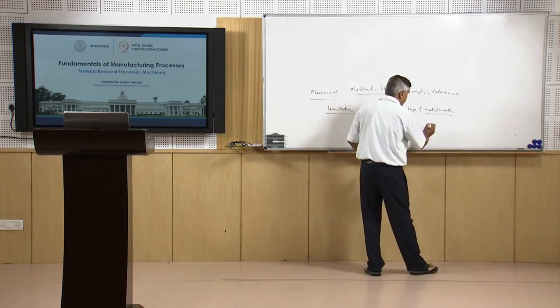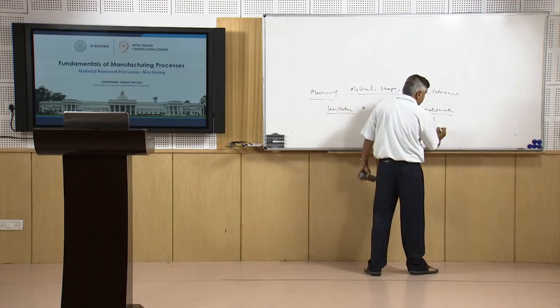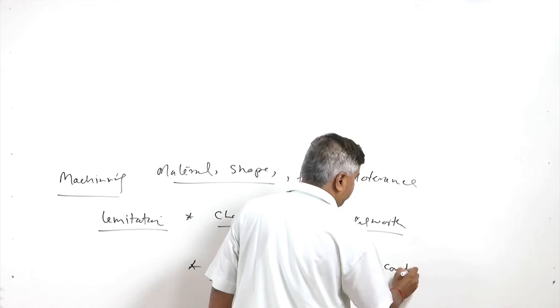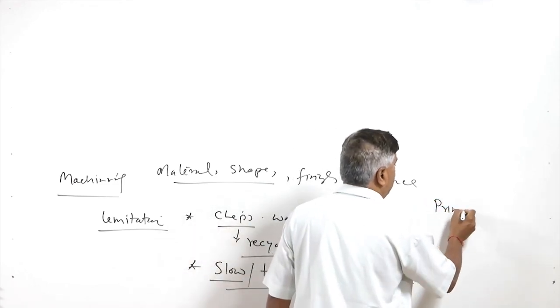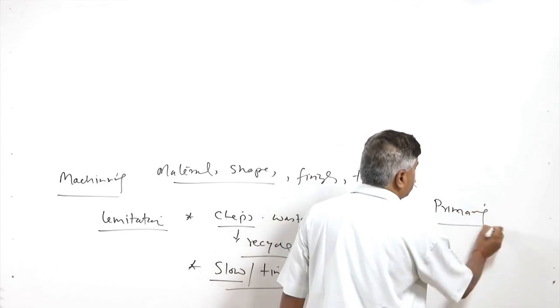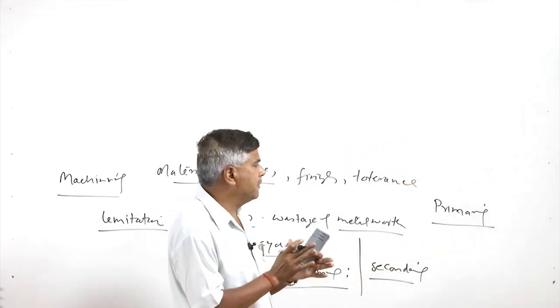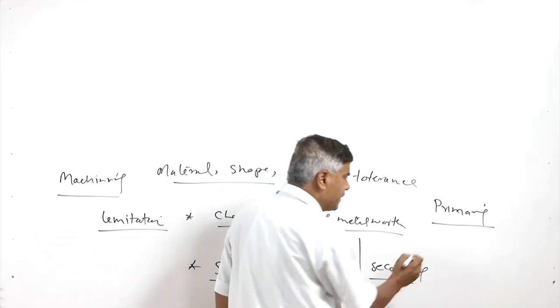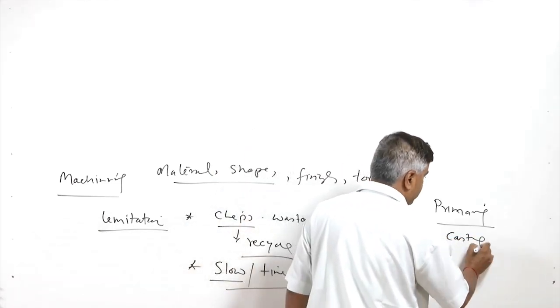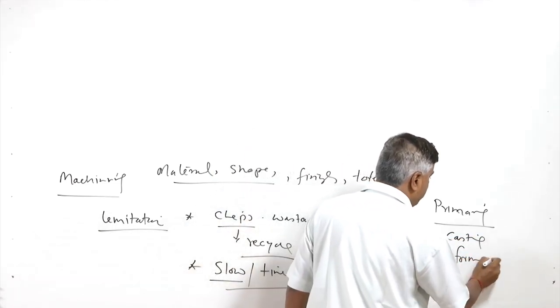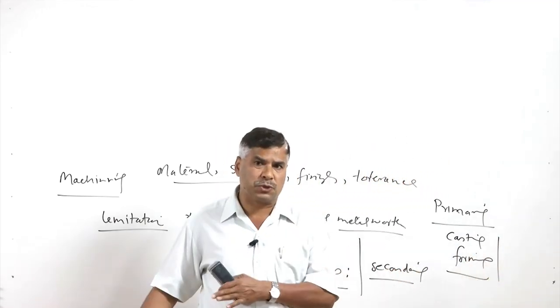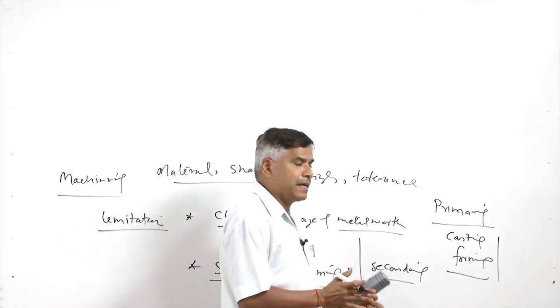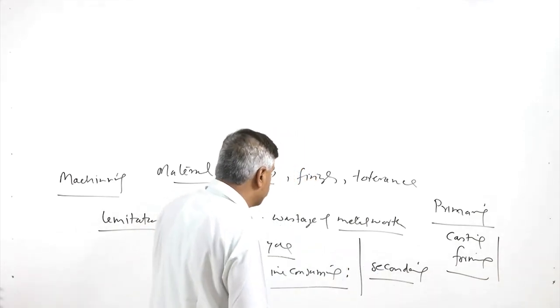So, machining is basically a secondary process. Primary shaping processes like casting and forming or deformation based processes will help us reach as close as possible to the final size and shape of the desired product.